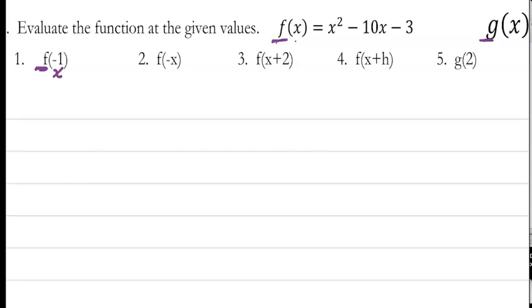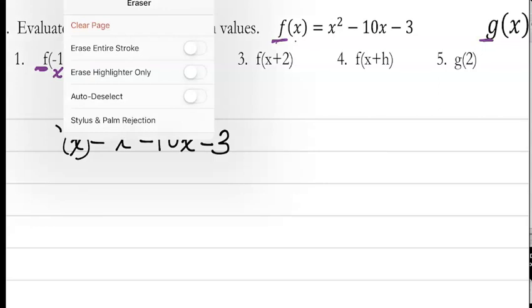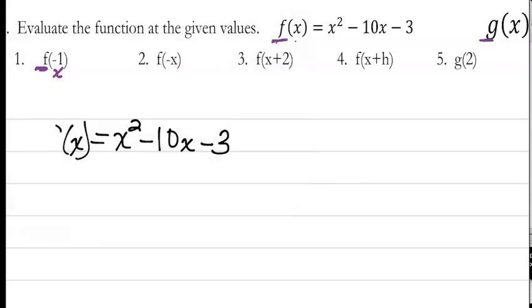So I'm going to write down that f of x notation, that function f of x, just so that I can have it in front of me, because that's the one we decided to use because it said f of negative 1. So I wrote down the f of x notation for reference.